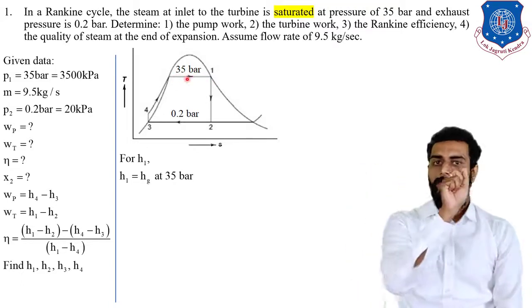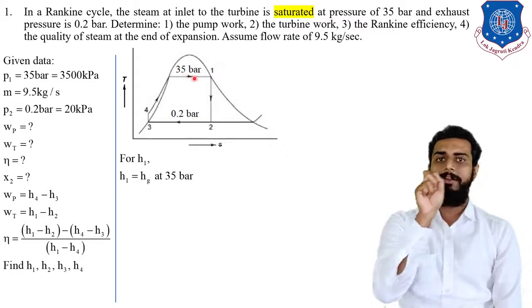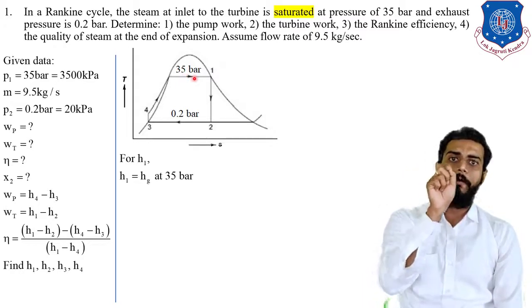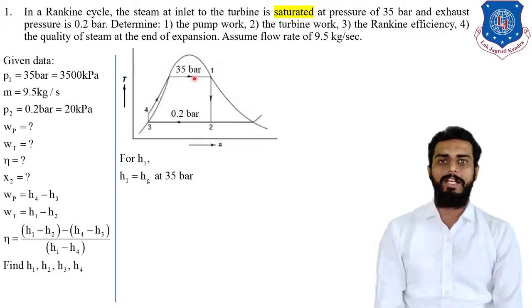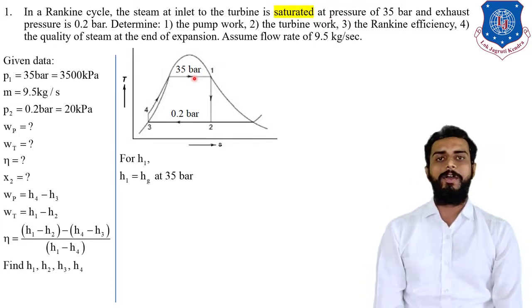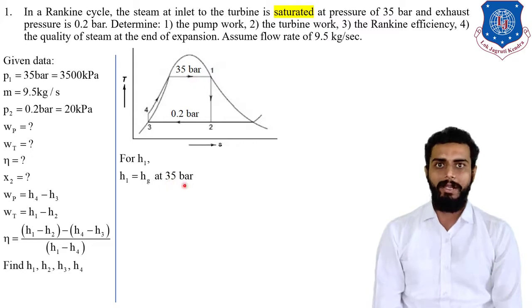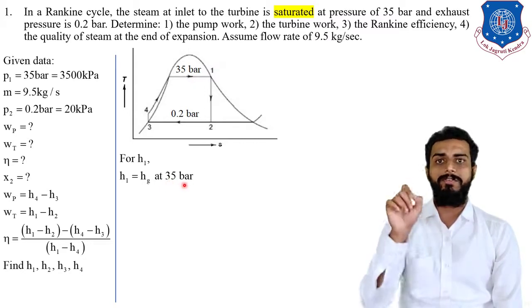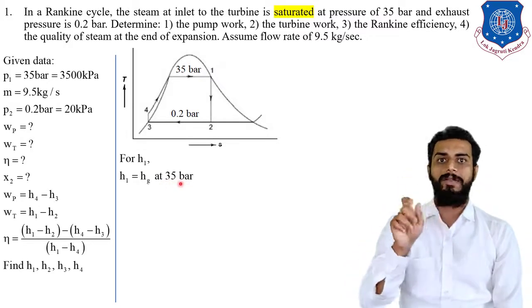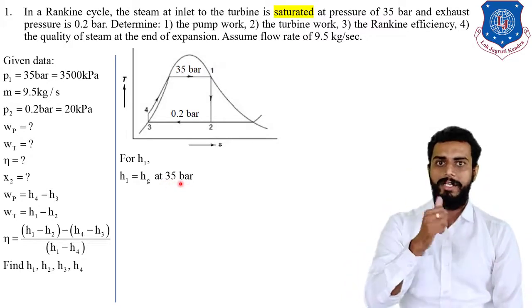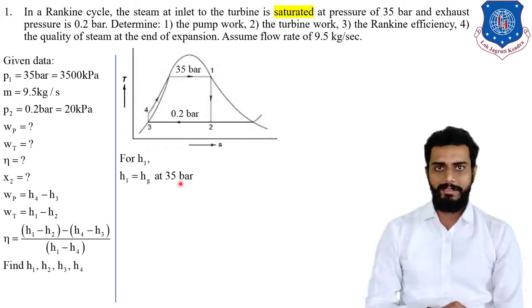For any point on the line 4 to 1, the pressure will remain the same, that is 35 bar. So here also at point number 1, the pressure will be 35 bar. If you don't know the equation H1 is equal to Hg, then you can recapitulate the lecture on the steam formation diagram. It is already uploaded in the playlist.